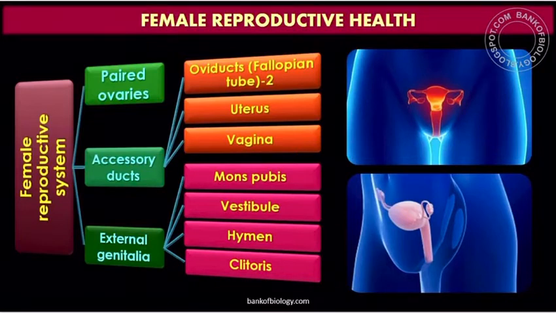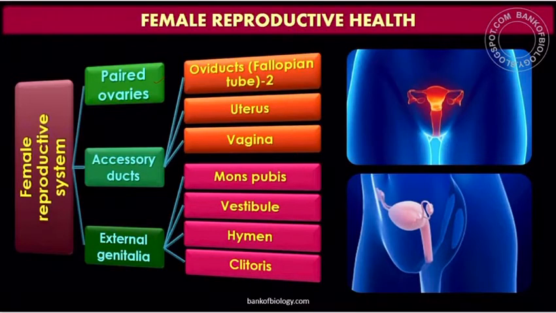With the female reproductive system. Like the male reproductive system, the female reproductive system also has three main parts. One is the paired ovaries. Ovaries are the gonads, the female reproductive organs, one on the right side and one on the left side.